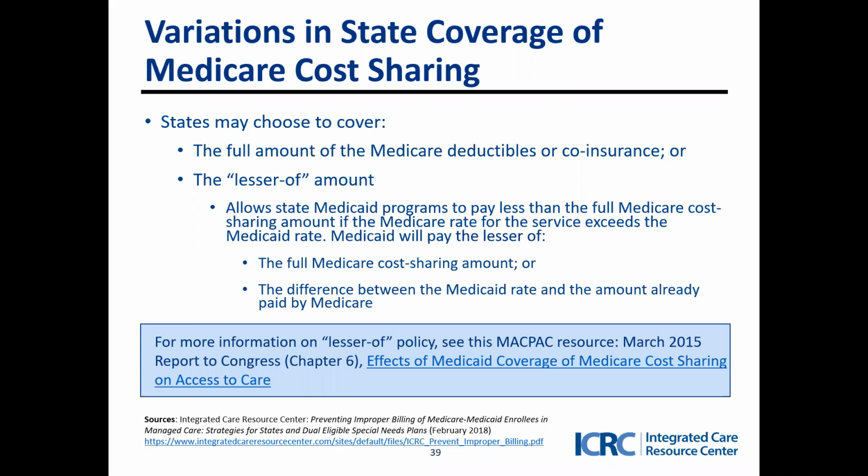So Medicaid will pay the lesser of the full Medicare cost sharing amount of deductibles and coinsurance, or the difference between the Medicaid rate and the amount already paid by Medicare. So this amount is zero in cases where Medicaid's rate is lower than Medicare's payment.